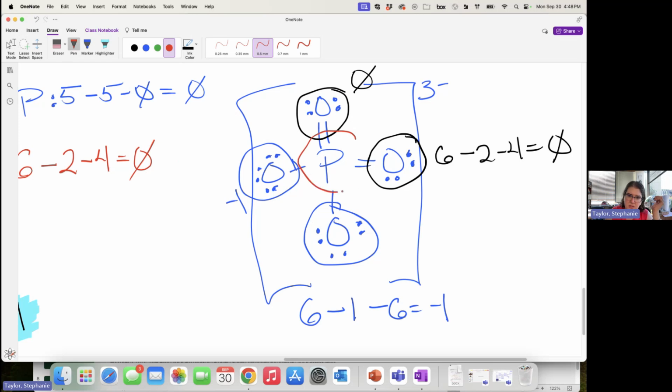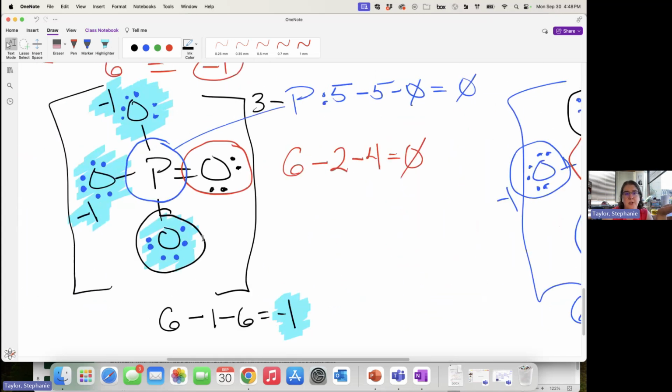And I was going to check on that phosphorus in the middle and see how we're doing. 5 valence electrons - 1, 2, 3, 4, 5, 6 for a -1 charge. So this one essentially at first glance looks like it's the same, because I still have 1, 2, 3 -1 charges, and I've got 1, 2, 0 formal charges.